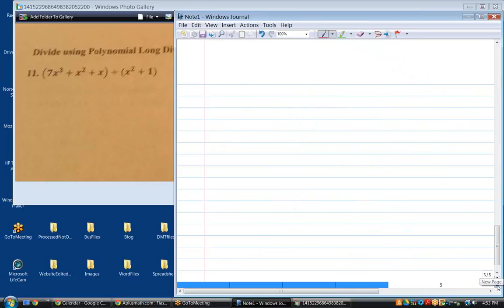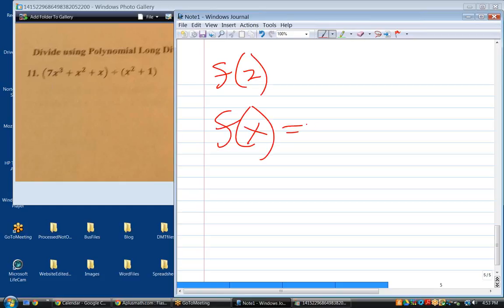It's kind of. Evaluate f of 2 for f of x equals x cubed minus 2x squared plus 4x plus 3.